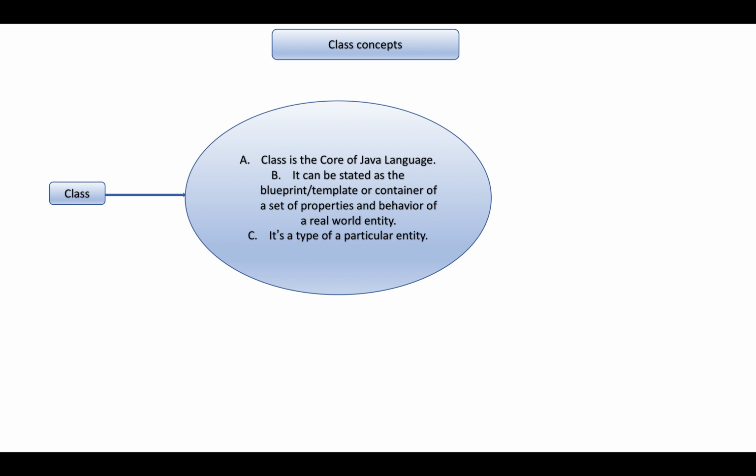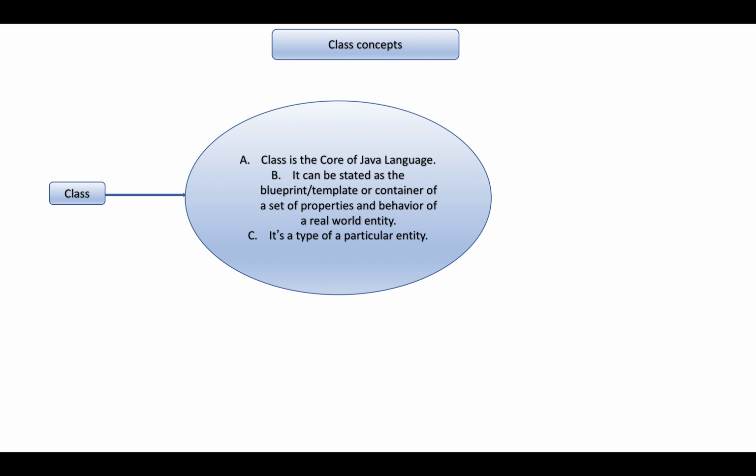So similarly, class is a type of some entity, right? If I need to compare, plastic is a kind of class in Java, or wood is a kind of class in Java, right?